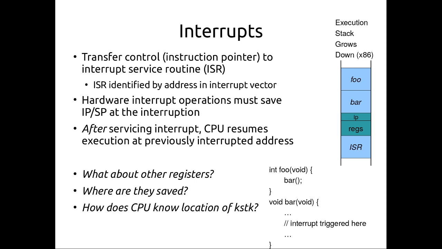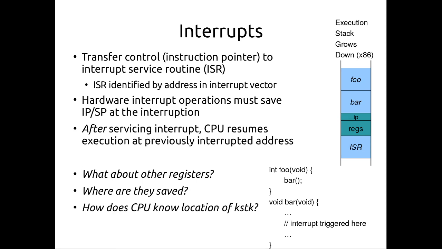So what we see on the right is the execution stack for that, where we have foo that called bar, so we have invocation stacks corresponding to both of those, and then we get an interrupt. And we saw that the interrupt saves the instruction pointer, and not listed here, the stack pointer, and the ISR likely saves the rest of the registers as well, so that it knows how to actually restore all of those registers.